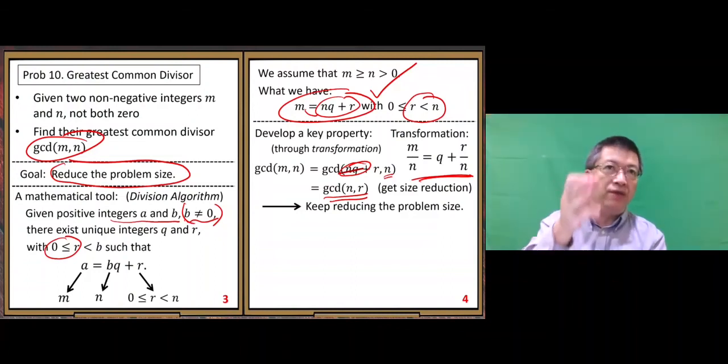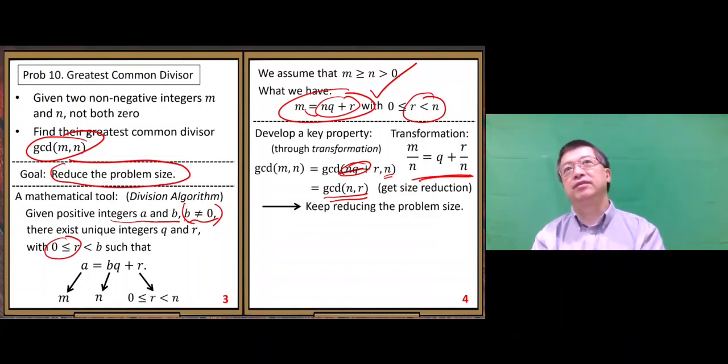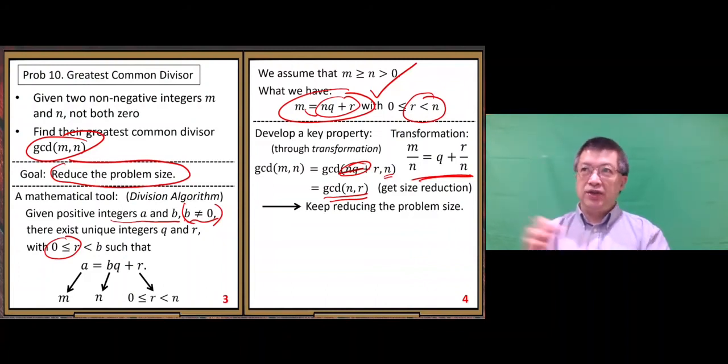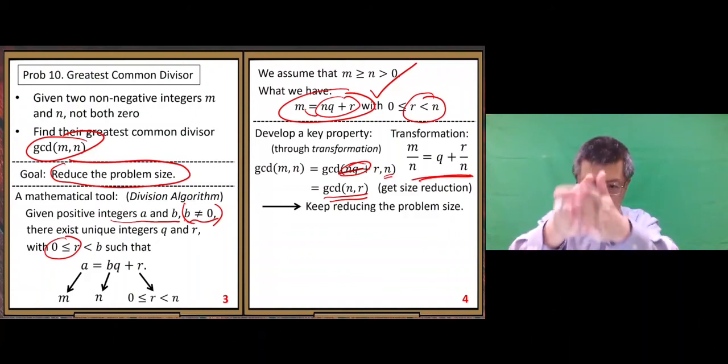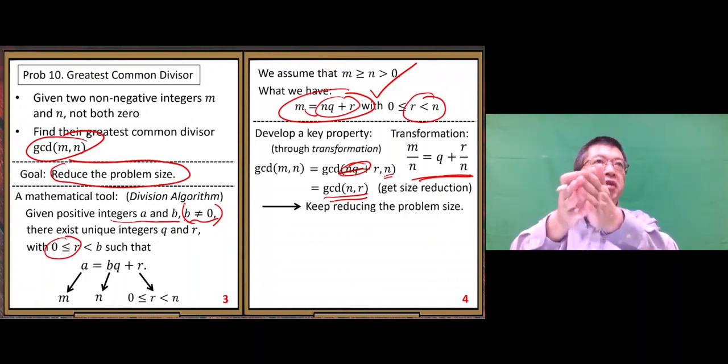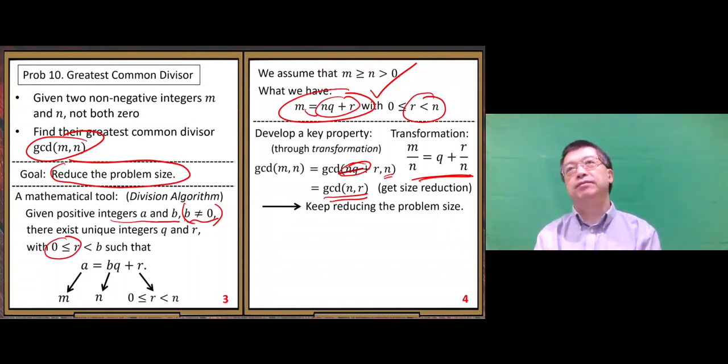That's the problem size reduction idea. Because sooner or later, your reduction procedure will converge to one particular number, and you can never reduce anymore. Then you're done, the whole process is done.